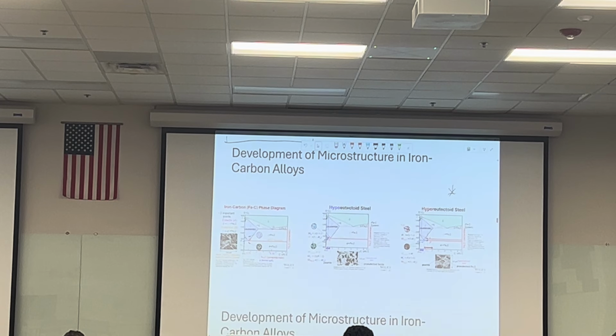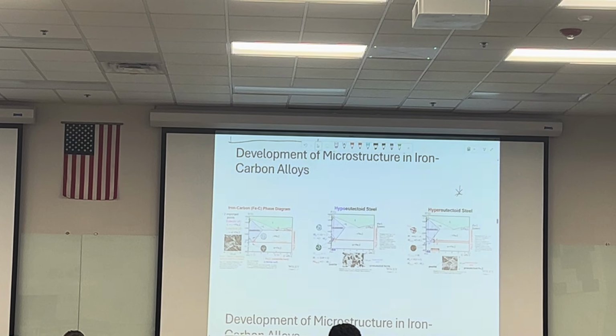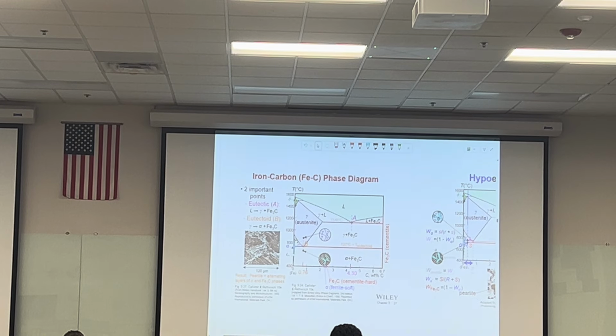Here's the iron carbon phase diagram. So basically, in that question, we are here, right? Because it says 0.4, so we are before this point. We are in this region, and the first question was about the amount of alpha phase formed in this region before we get to the eutectoid, because we are cooling down.